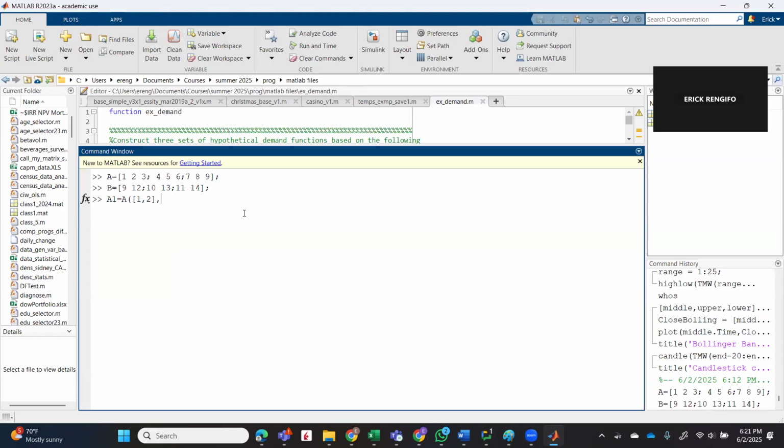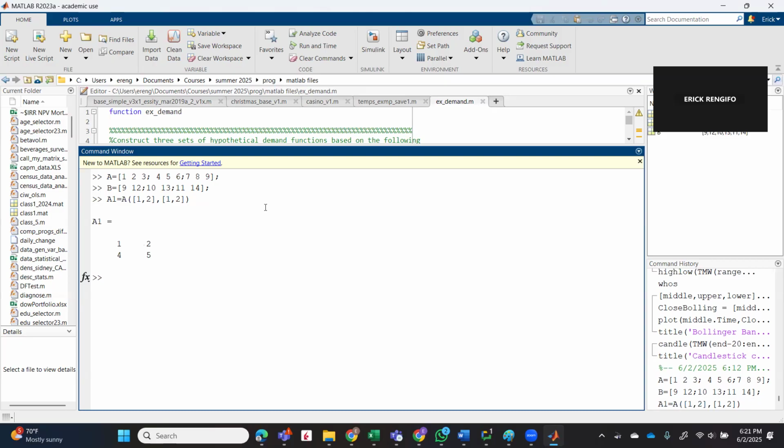And then again 1, 2 and close parentheses. So remember, notation is these are my rows and these are my columns. So what we are saying is basically take from matrix A rows 1 and 2 and columns 1 and 2. Make sense? Here we go.